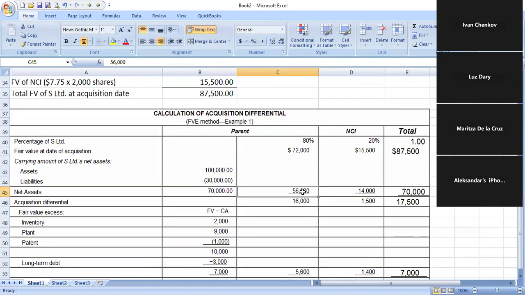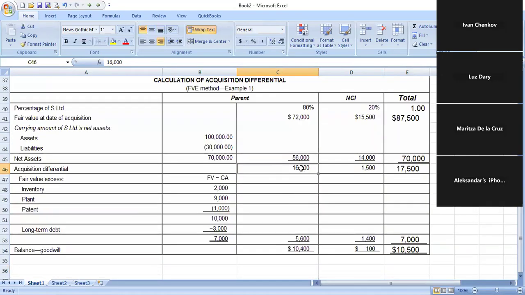That gives us 56,000. Make sense? Out of those 70, only 80% are ours. So because we purchase 80%, that's 56,000. The other 14 belongs to the non-controlling interest, which is 20%. So for that reason, we're paying $72,000, which gives us an acquisition differential of 16,000.